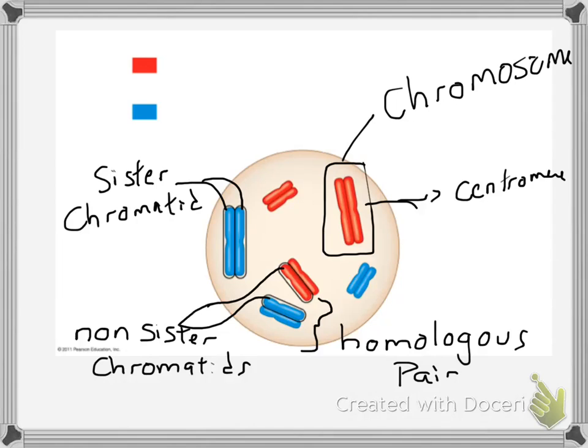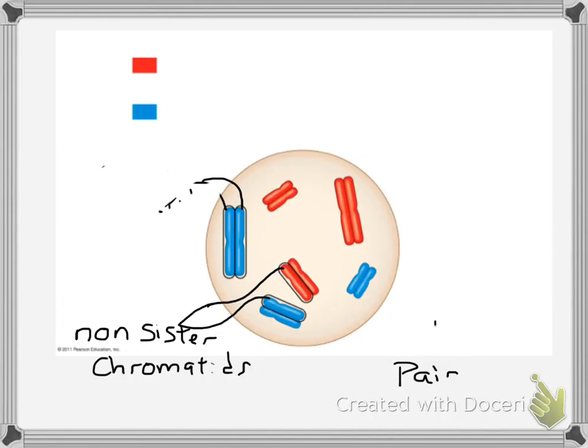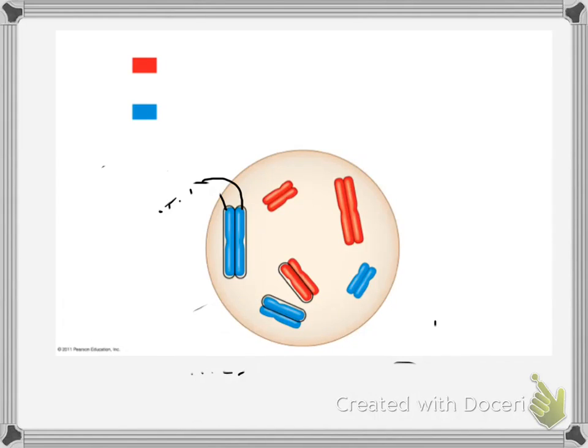Now, the other thing we want to think about is this cell. Let me clean it up. Let me get rid of all of our stuff here. There we go. Okay, so what we want to think about is how many chromosomes do we have?